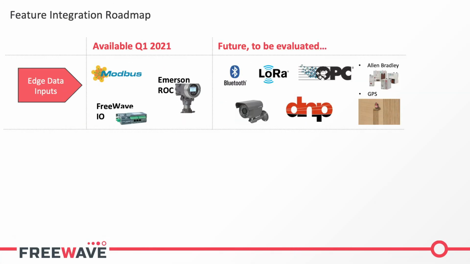So to recap, available in Q1 in terms of edge data inputs, we support Modbus, RTU and FreeWave I/O. And I should clarify that this is on the Zoom Edge. This is automatically integrated in that little tab I showed, but if you have an I/O serial base, that is also available via Modbus polling.